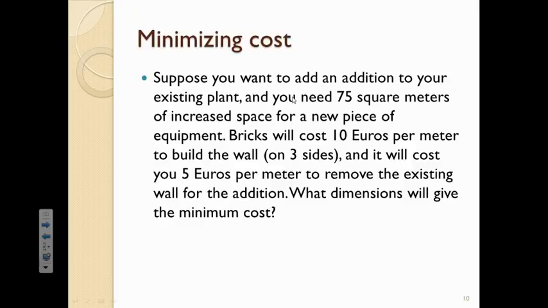They know that when you build it, to build the bricks for the wall will cost 10 euros per meter as you build the wall. And that's going to happen on three sides because you're going to attach it to an existing building. If you're attaching it to an existing building, of course you're going to knock the wall out so that you can go in and out of this addition without having to go outside. And to remove the wall costs 5 euros per meter. What dimensions will give you the minimum cost?